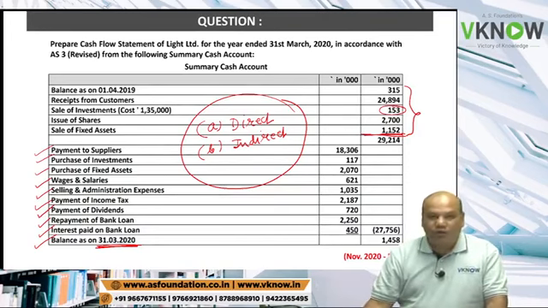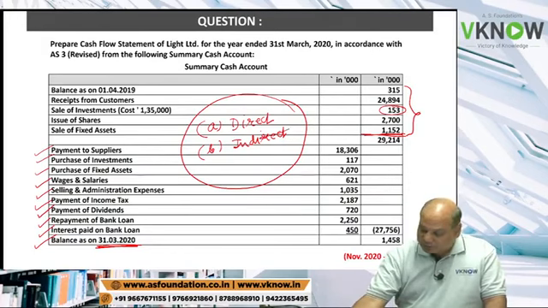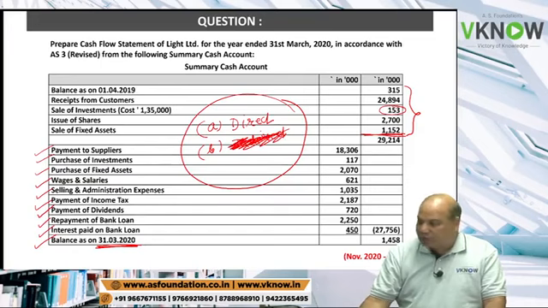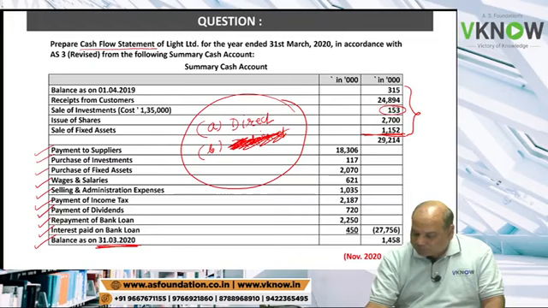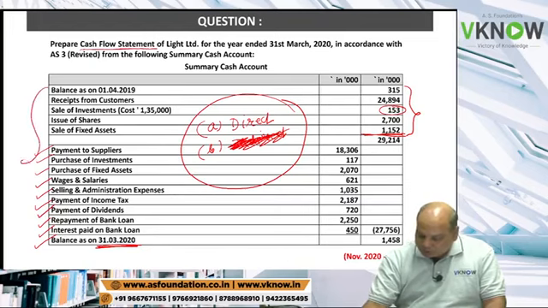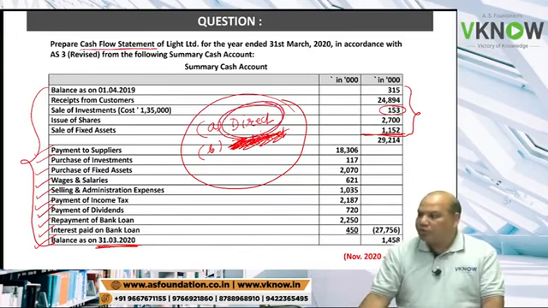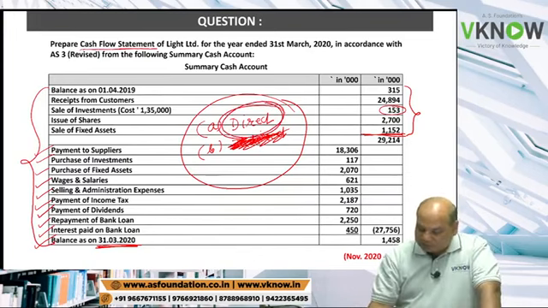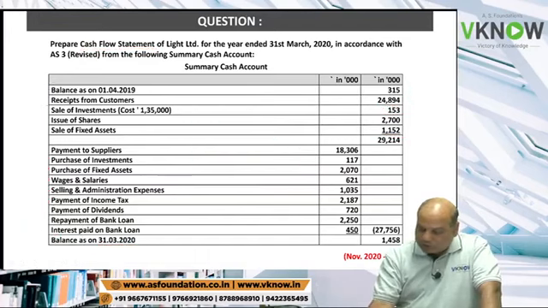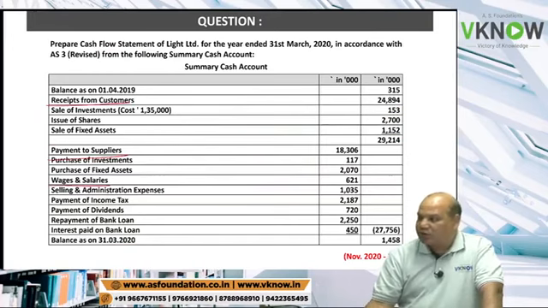We cannot apply the indirect method because even the profit figure is not available. Since you are given collection from customers, payment to suppliers, and payment of wages and salary, it can be solved only under direct method.